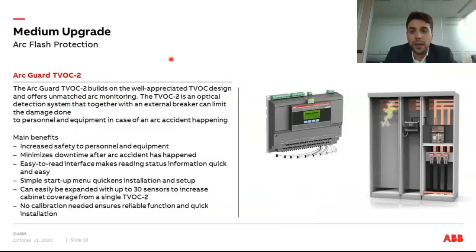So finally, if you want to improve the safety of your installation and perform the arc flash mitigation in an active way, you can use our RGuard TVOC2 system, which basically takes the information from the light sensors. You can connect up to 30 light sensors or up to 30 also current sensors within the installation.